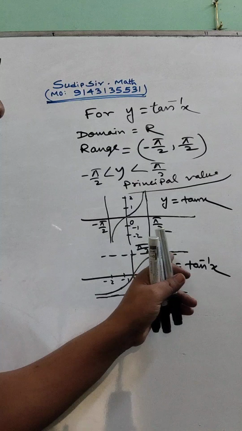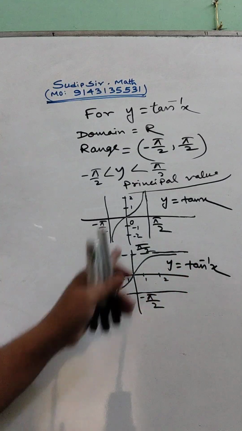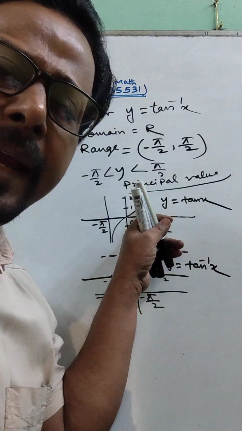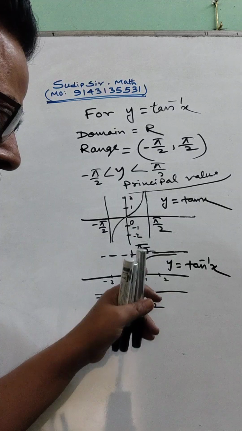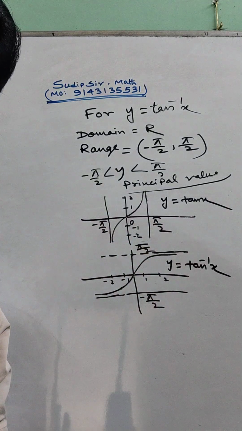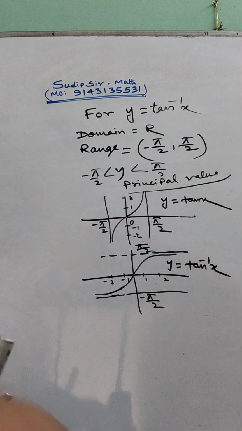So it increases like this, up to this. This is the curve of y equal to tan x, but this is for y equal to tan inverse x. Okay, y equal to tan inverse x. Clear?